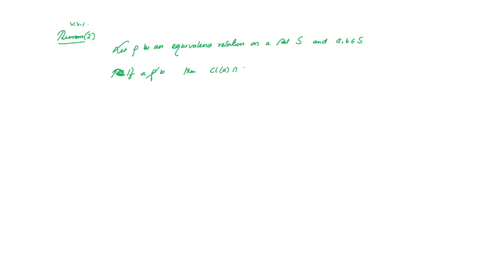Class A intersection class B is phi. They are basically disjoint.